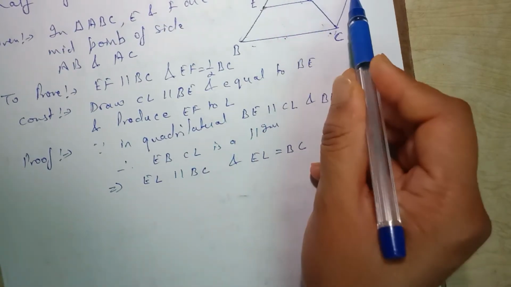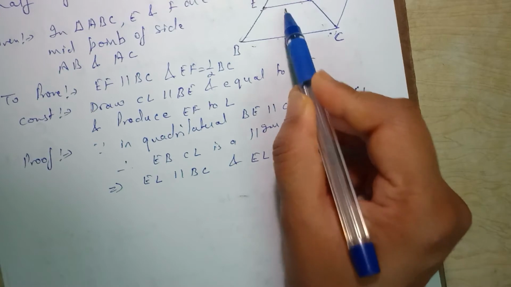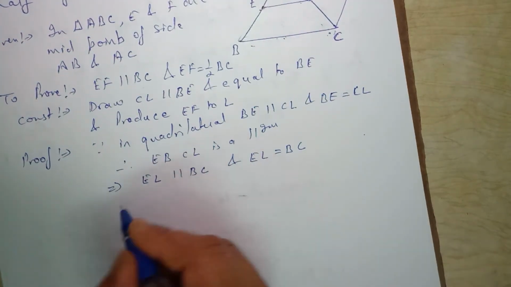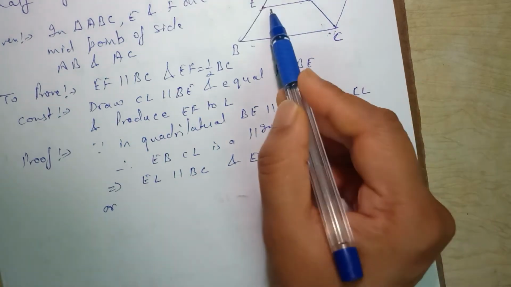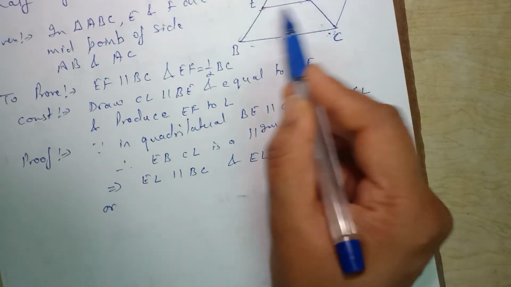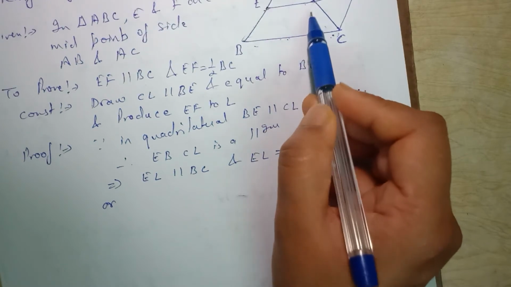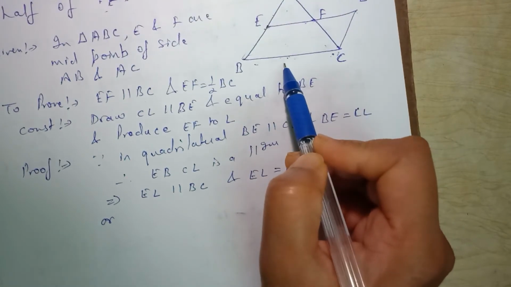Now in place of EL we have to get EF parallel to BC. If a line is parallel to another line, then its part will also be parallel to the line.